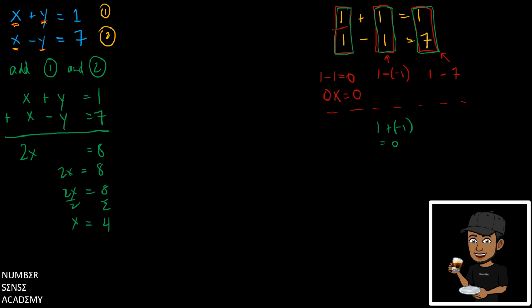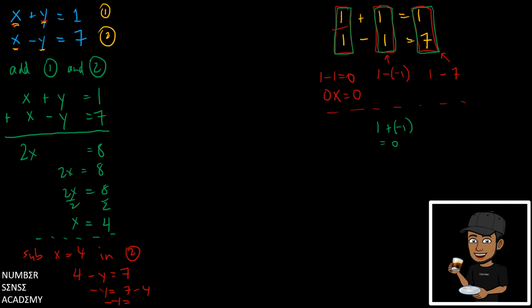All right, and because x is equal to 4, now I'm going to sub that into any one of these equations. So I'm going to sub x equals 4 in equation 2. And I just picked any equation, so I'm going to have 4 minus y equals 7. So negative y equals 7 minus 4.